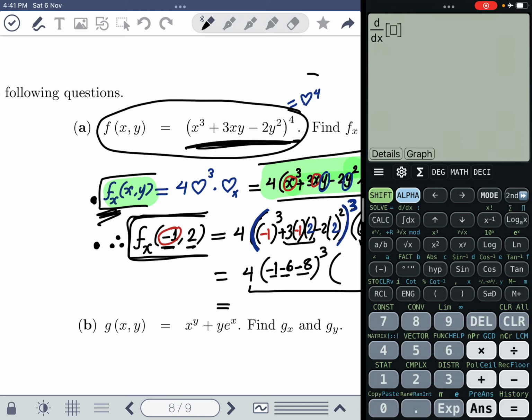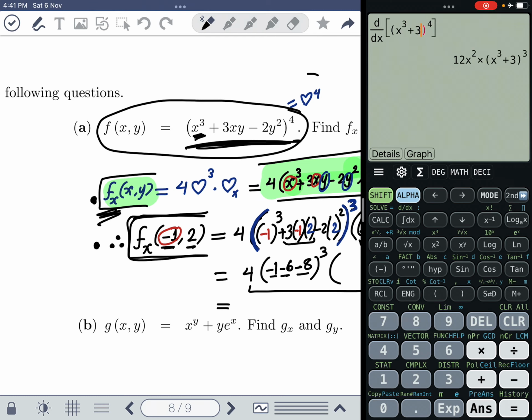Here I'll put x cubed. Actually, I will have to put power 4 outside. So I will put parentheses to the power 4, and then go back and continue the formula.